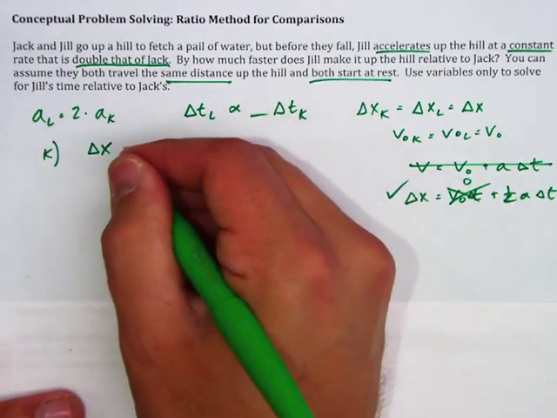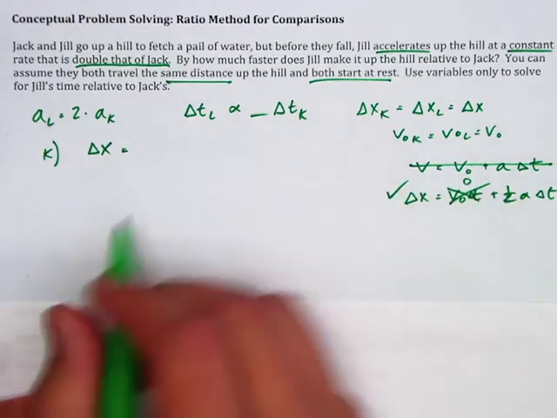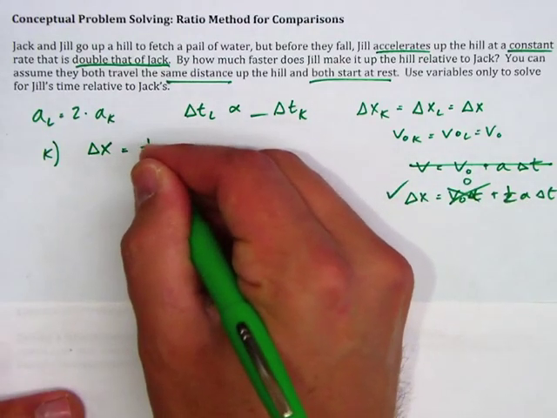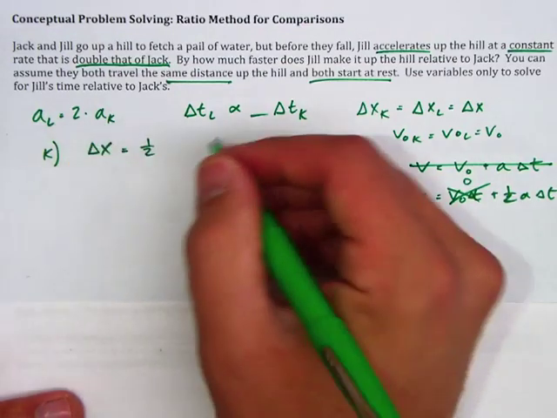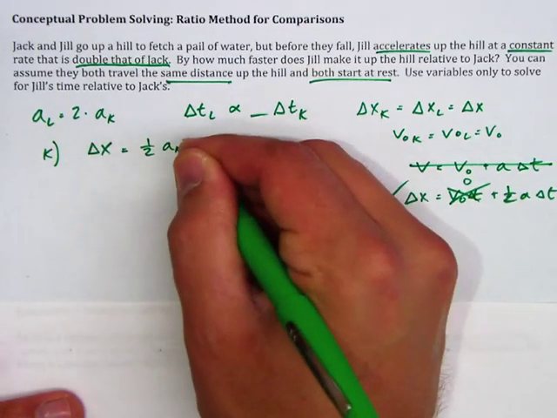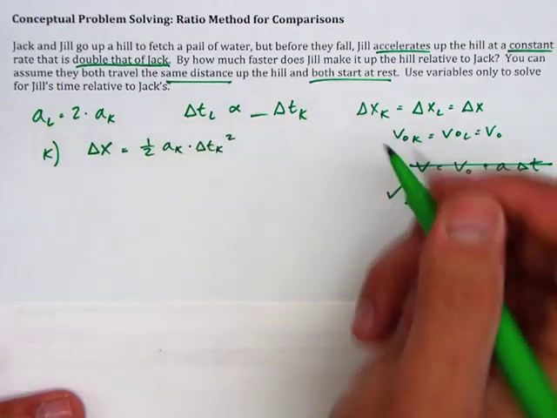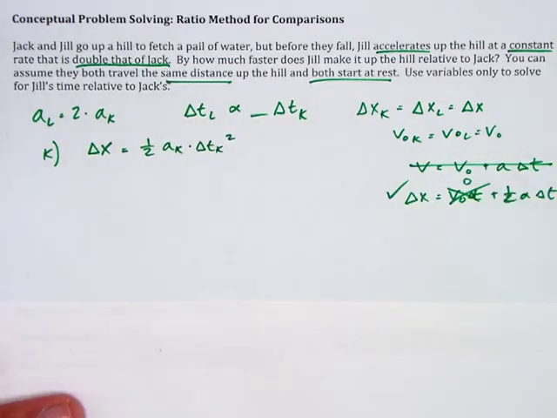So delta x equals, now we know V naught is 0, so V naught t goes away, and we have 1/2 the acceleration of Jack times the time of Jack squared.